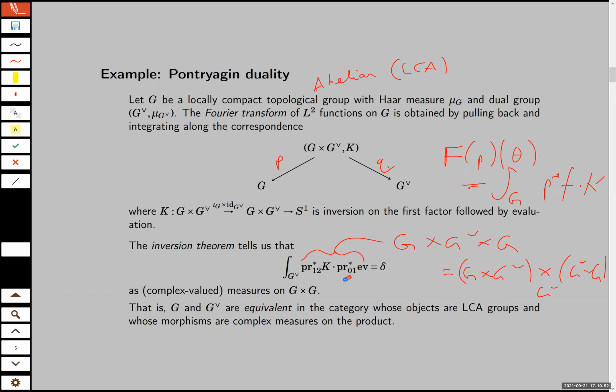And the inversion formula tells you that those give you delta, which is the identity, when you convolve against it going from G to itself, which is what this map represents.